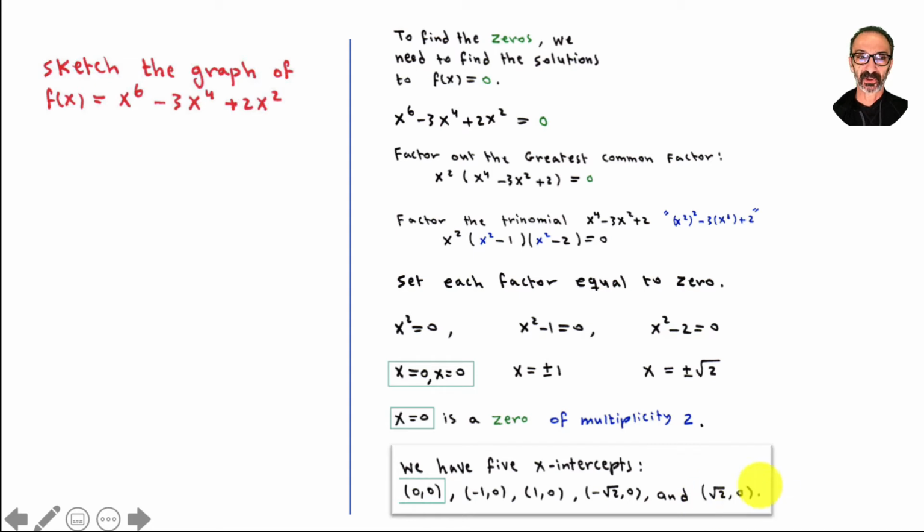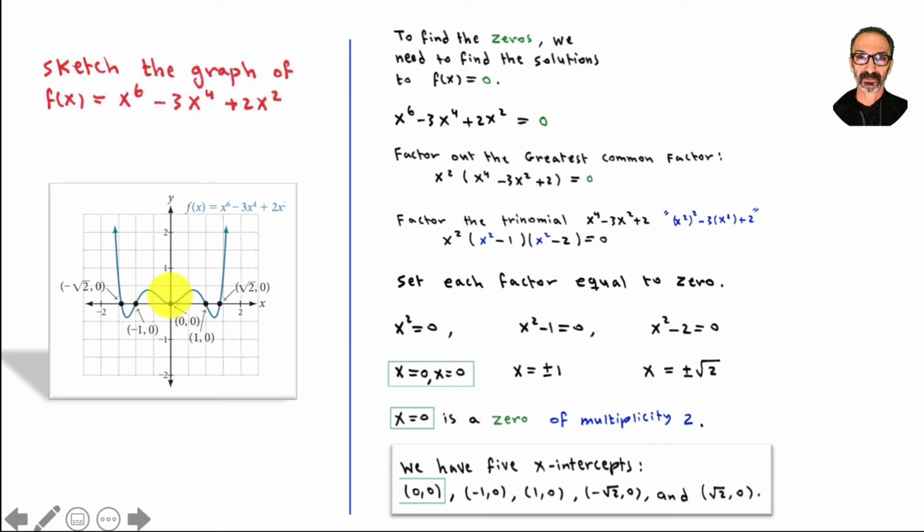This is what we're learning from this problem. The 0 is a multiplicity of 2. And we talked about that even zeros, with multiplicity p that is even, are going to touch the x-axis. We talked about that. I don't want to take you all the way back, but let's take a look.